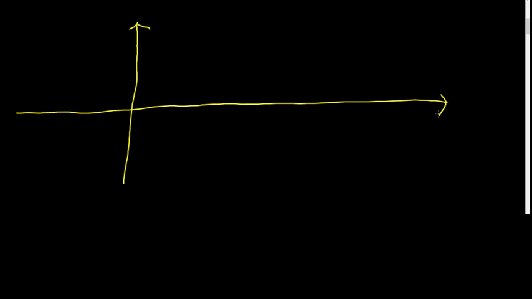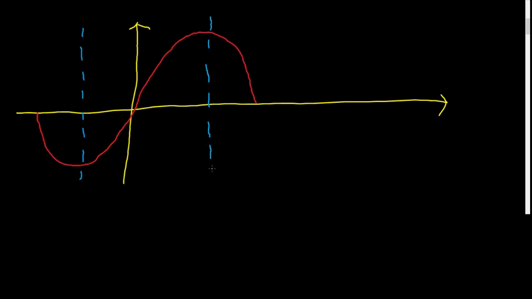Now if we take the function y equals sine of x, and I'll draw a quick, rudimentary sketch of this. We have a couple of choices for our domain to pick where it's going to be 1 to 1, but traditionally we're going to go with this chunk of it where it's 1 to 1.